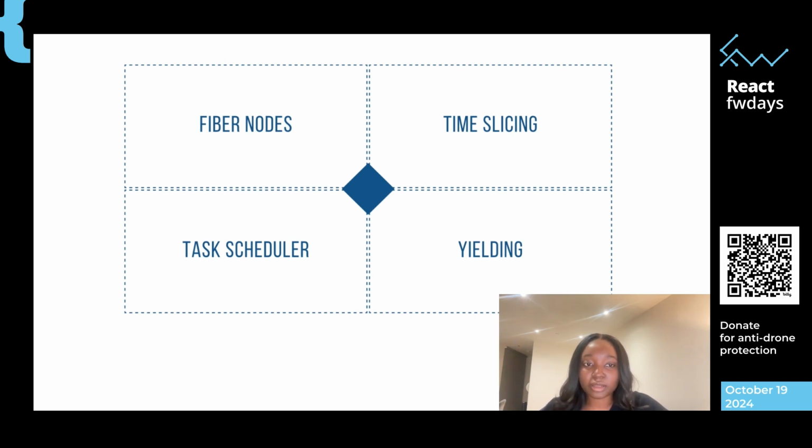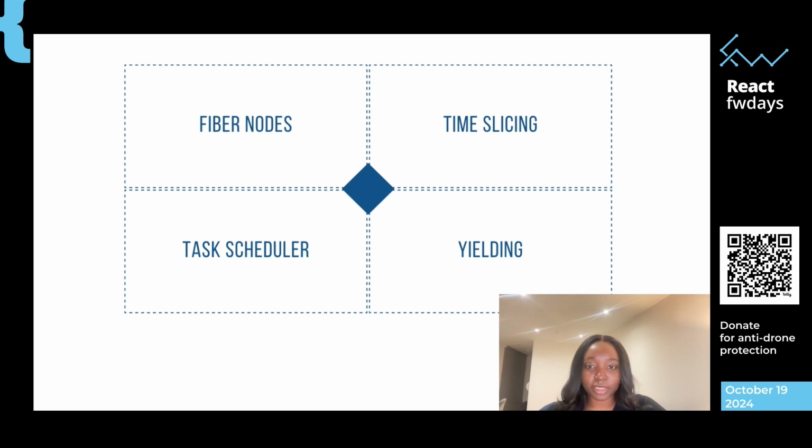This is more critical than a low priority update, which could be fetching data, or say displaying a list of results from some kind of user interaction, right? So those are essentially deferred and deprioritized until the higher priority tasks are done. So the balance between these urgent and non-urgent tasks is what ensures that the performance remains smooth and the user interface stays responsive.